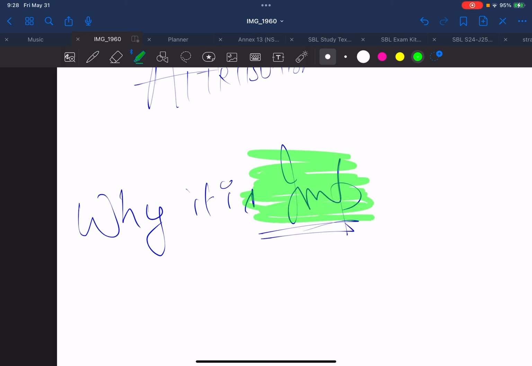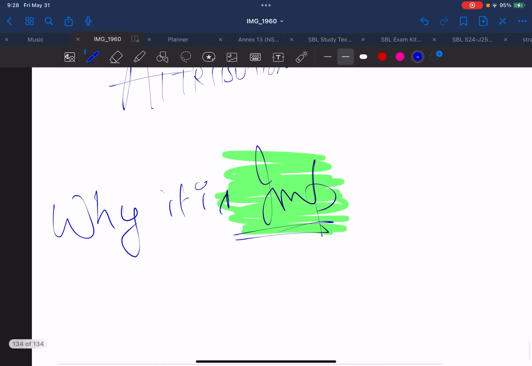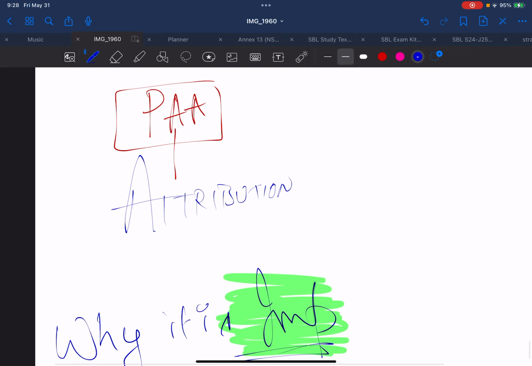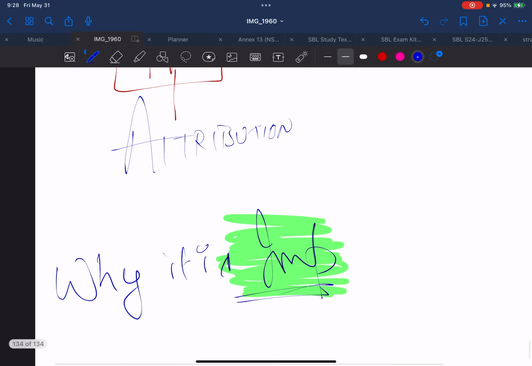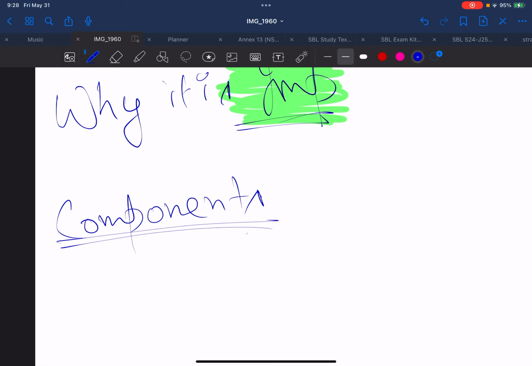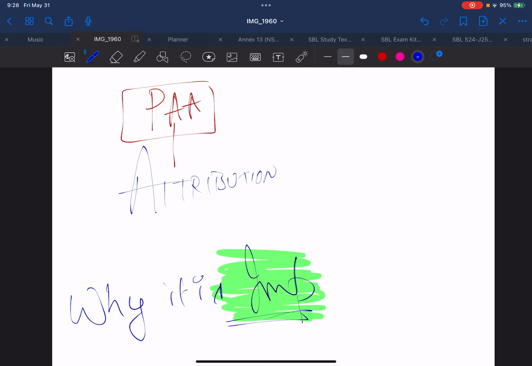Why it is important to know PAA, and third is... let's not talk about the third. I'm going to talk about what PAA is and why it is important. We can talk about its components too, and then we will have a better picture of what PAA is. First things first, what is PAA?